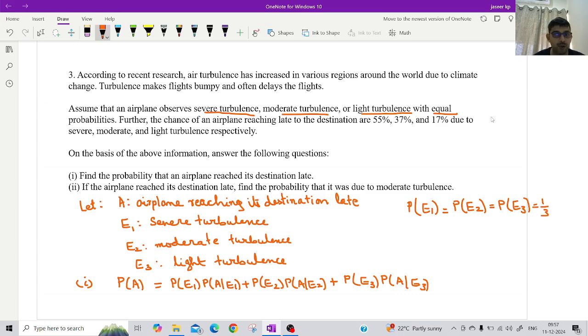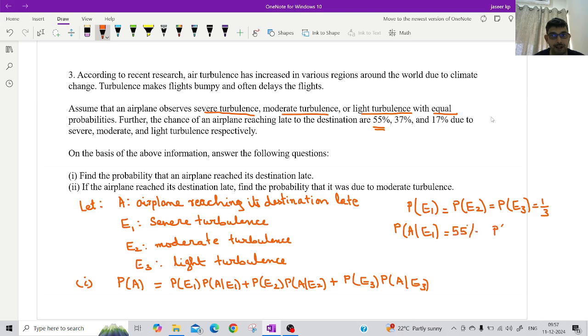Now the probability of A given E1: with severe turbulence, the probability that the airplane reaches its destination late is 55%.